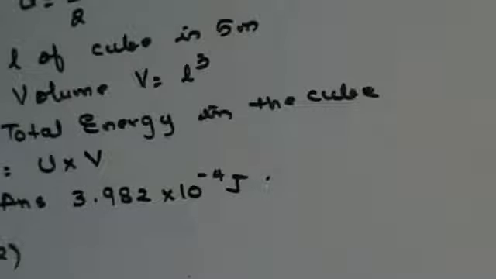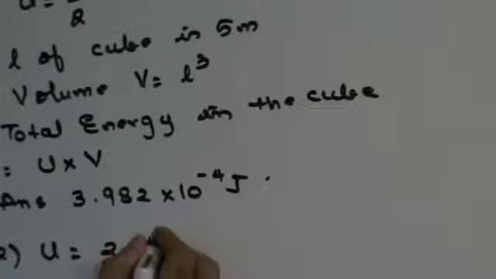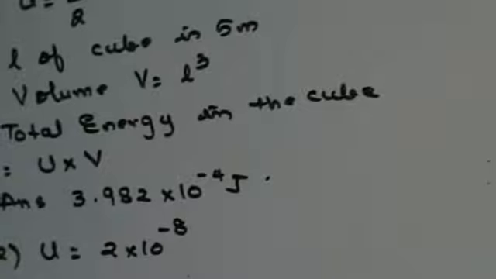The energy density in a parallel plate capacitor is 2 into 10 raised to minus 8 joules per meter cube.